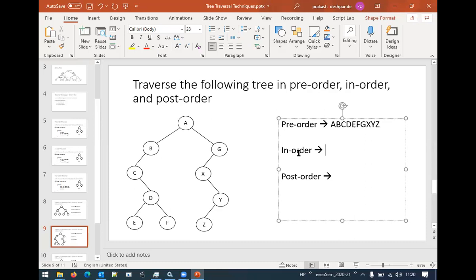G. Now is that G a root node? Yes. What do we do? Left of G. Left of G is what? X. Is that X a root node? Now look for left of X. Is there anything left of X? No. Then right of X. Right of X, what do we have? Y. Is Y a root node?